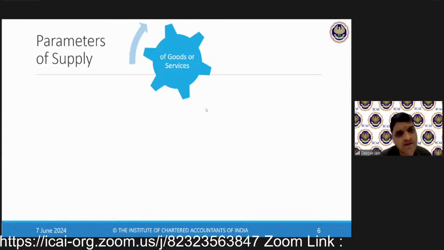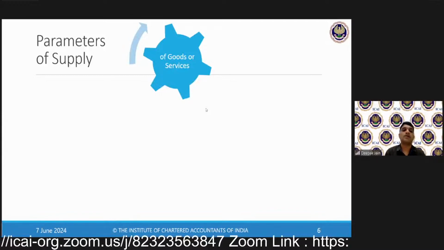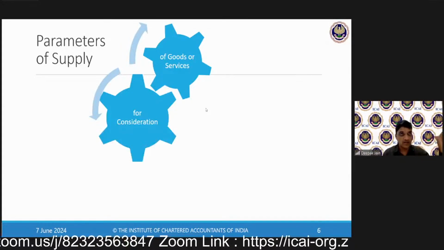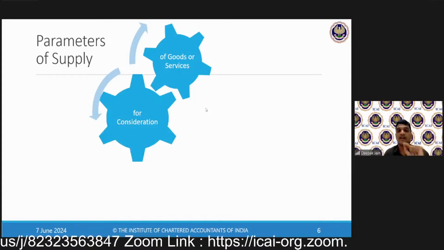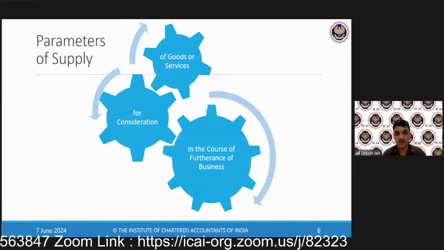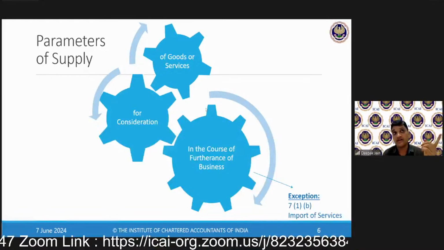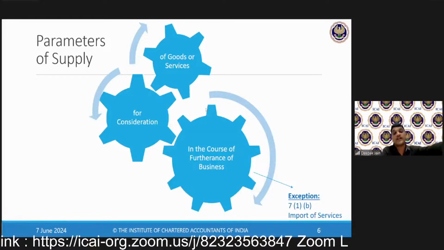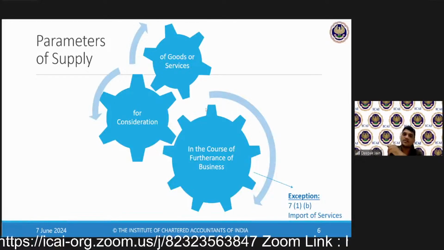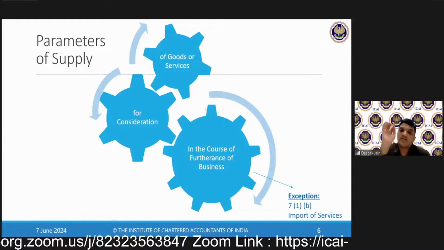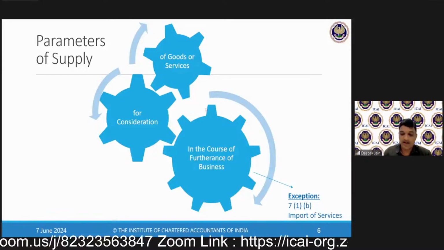So what are the parameters of supply? We understood that it should be a supply of goods or services. It should be for a consideration. That is what 7 subsection 1 clause A says: a supply of goods or services for a consideration in the course of furtherance of business. Then 7(1)(b) said that in case of importation of services, even if it is not in the course of furtherance of business, but there is a consideration, then you have to pay GST.